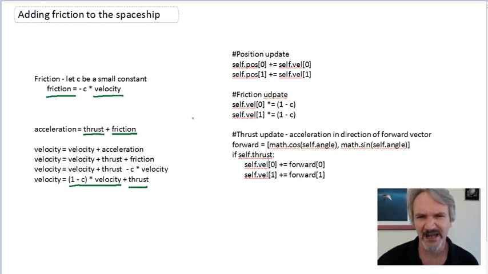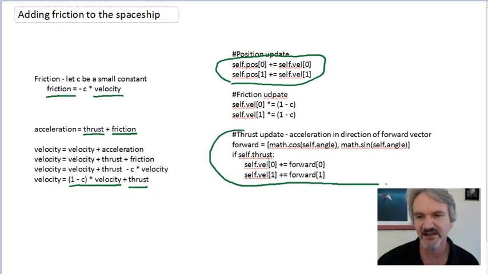Here's some Python code. We have the old update we had before, which is the new position equal to the old position plus the velocity. Down here, we still have the acceleration in the forward direction if we're holding down the thrust key, the up arrow.